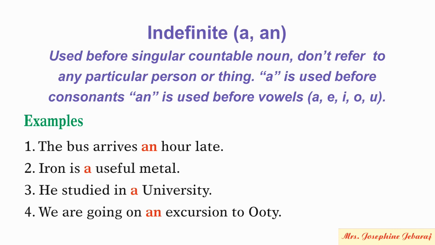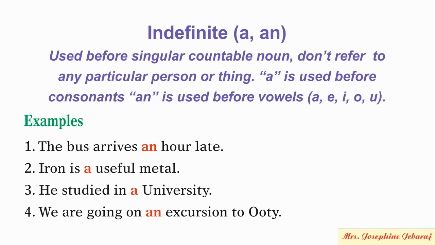The vowels are A, E, I, O, U and H silent. But if the vowel sounds like a consonant, only A is used. Example, a university, a union, a useful, a European, a 1 rupee coin, a unit.